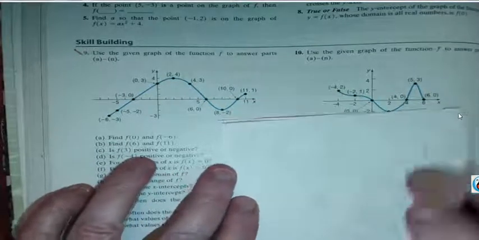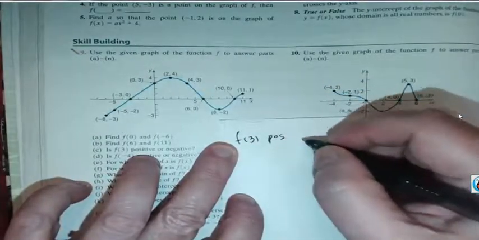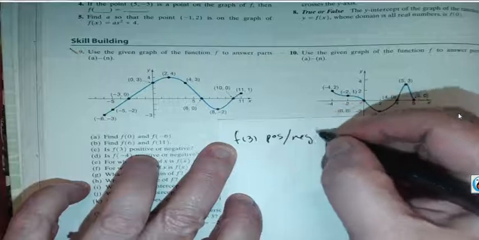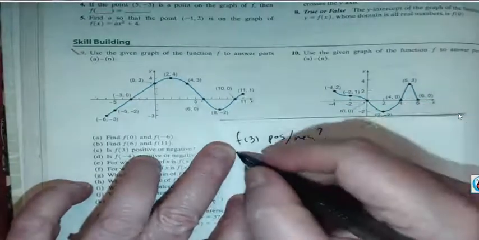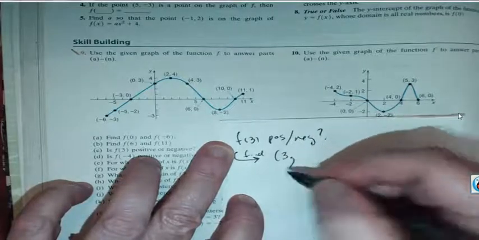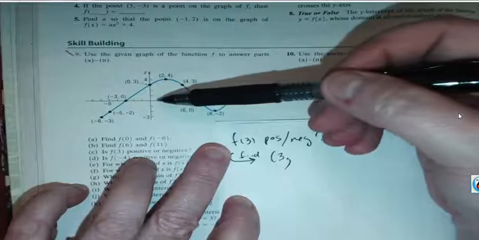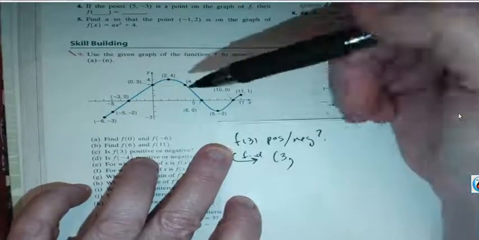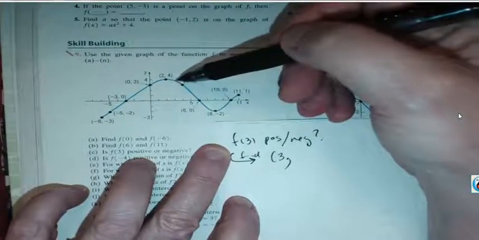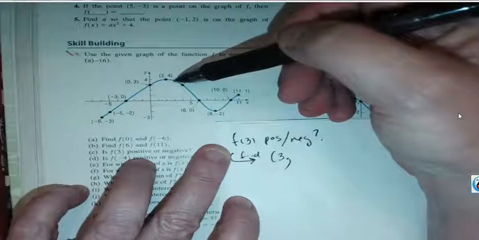Is f of 3 positive or negative? So is it a positive number or is it a negative number? So let's find the point whose x-coordinate is 3. Okay, so if x is equal to 1, 2, 3, this point here is the point whose x-coordinate is 3. Now, what is that?